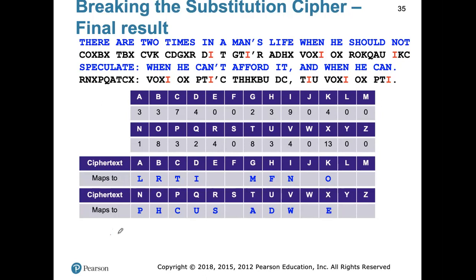Although the key space is very big, we said that it's going to be 26 factorial, we could break the key, we could break the algorithm, and here is the plain text.